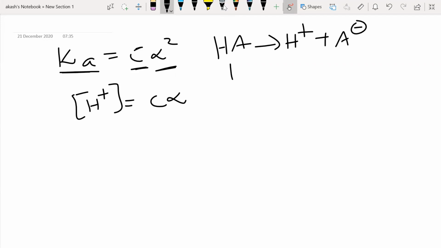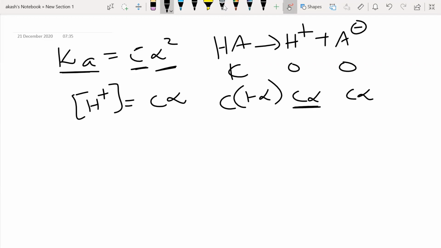Initially C, 0, 0; then C into 1 minus alpha, C alpha, C alpha. So the concentration of H plus is C alpha. Now can I find the H plus concentration from the question?